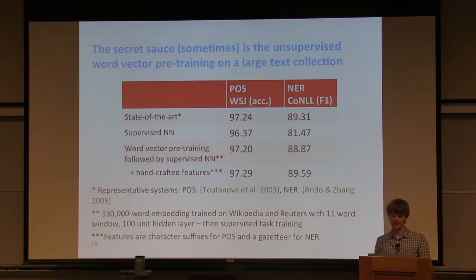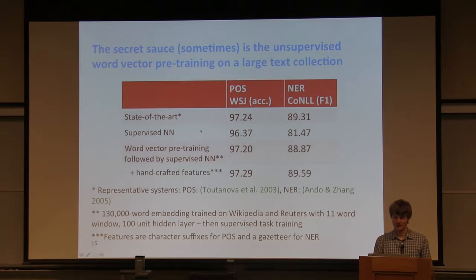So for word vectors and also some of this pre-training of higher layers, we can see here that that makes a big difference. The previous state-of-the-art methods that weren't using deep learning were on two tasks that are very, very optimized. Hundreds, or in some cases even thousands of researchers worked on part-of-speech tagging on this exact data set and manually tuned features.